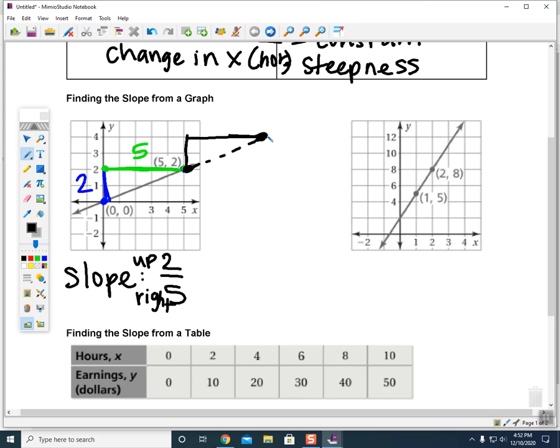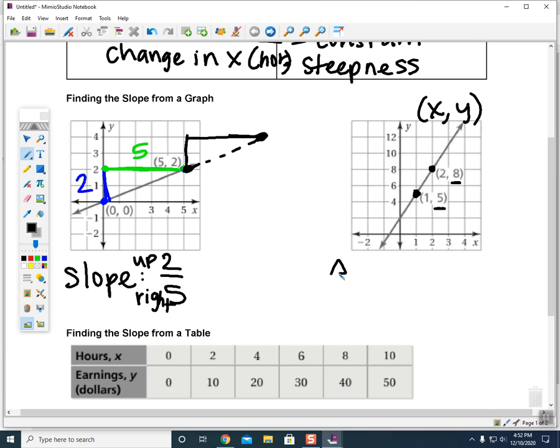So that's one way. Another way is I just look at how my y values are changing and how my x values are changing. So here are my 2 points in the second example. Remember that as I'm writing points, it's always x comma y. So my y value starts at 5, goes up to 8.